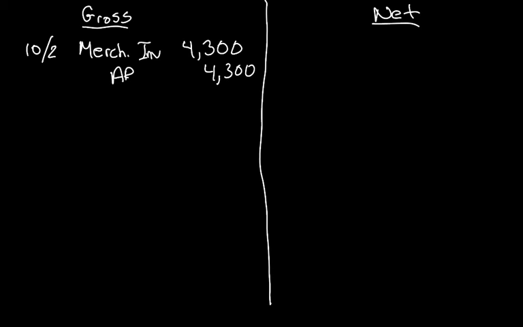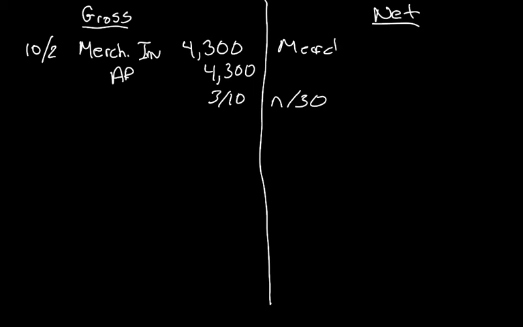$4,300. However, for the net, I'm going to remind everybody this October 2nd transaction, the terms are 3 of 10 and 30. So therefore, when we're doing the net, that merchandise inventory, we're going to take out that 3%.